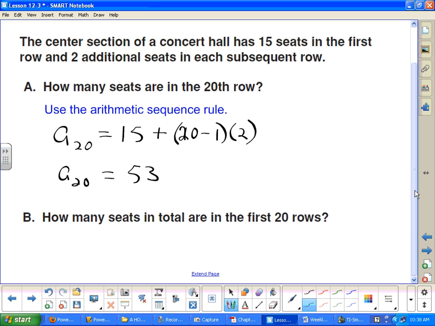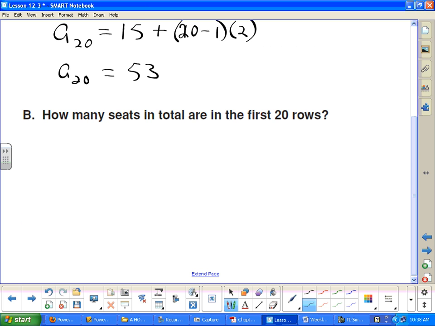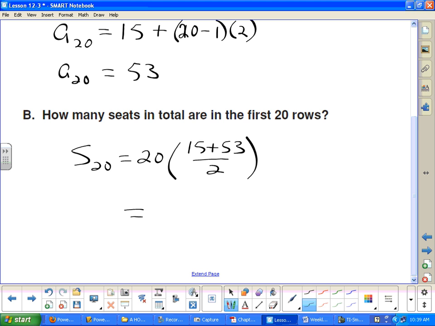I could add them up in my calculator, or the sum of the first 20 rows would be 20 times 15 plus 53, divided by 2. You know what? This one is by far the easiest one of all of them to do in your head, because I'm going to get 10 times 68, which is 680.